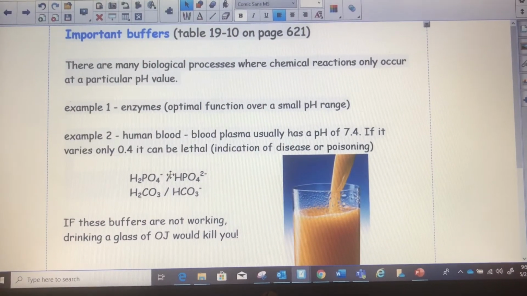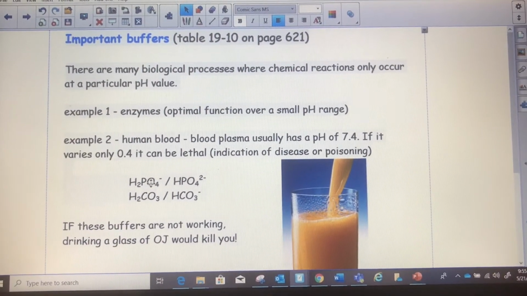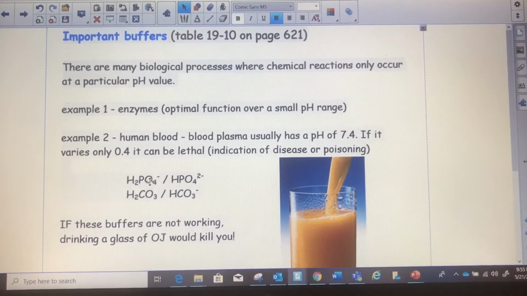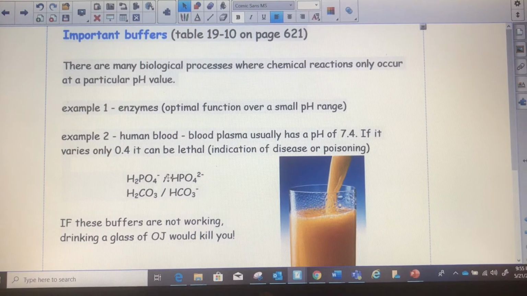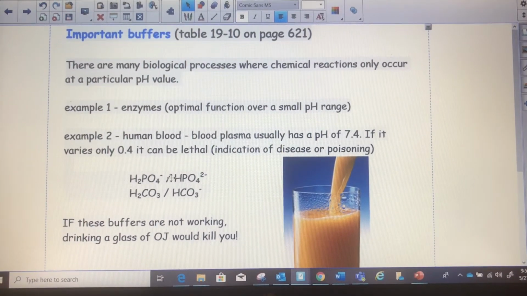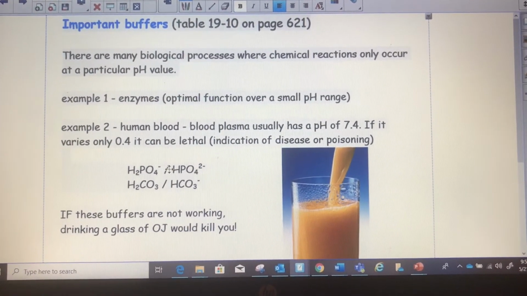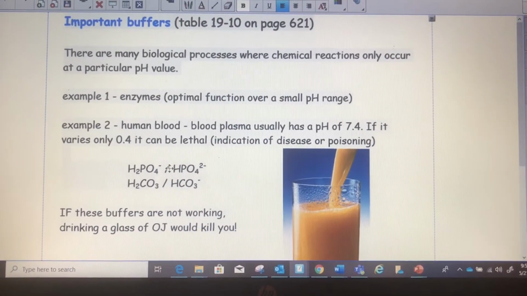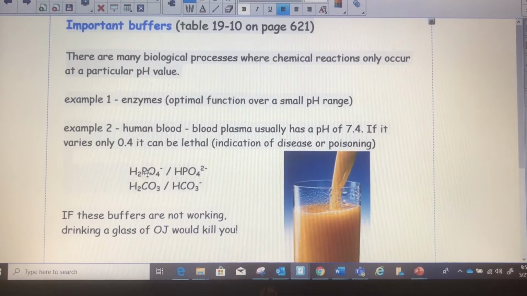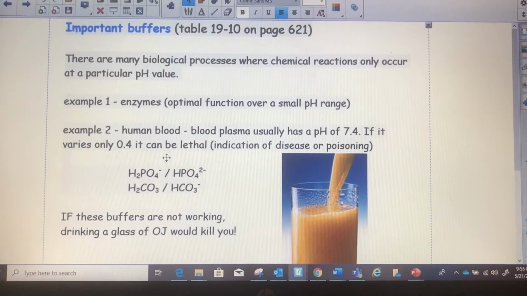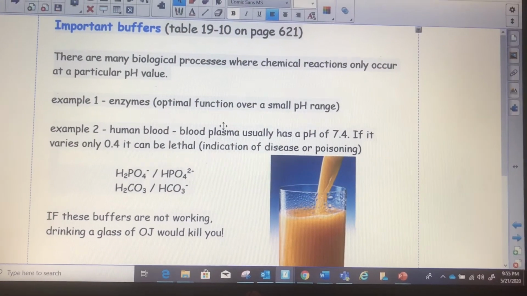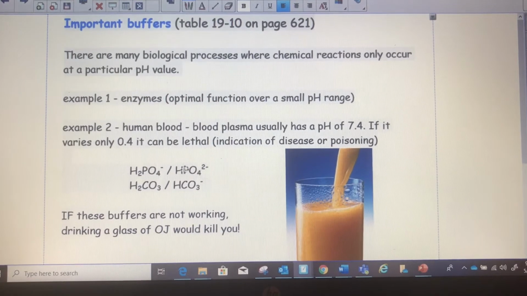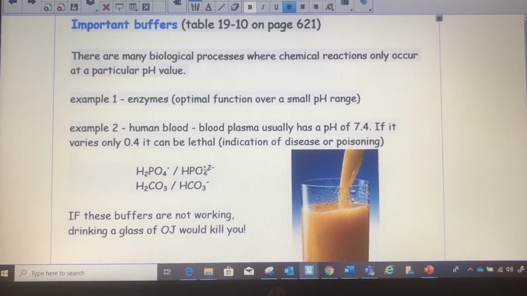If you add an acid to this solution, this buffer will maintain the pH for a very long time at relatively high concentrations of acid being added until it hits what's called its buffer capacity. And then once that happens, the pH will drop. If you continue to add more acid and more acid and the pH eventually drops, the buffer has hit its capacity, it means the conjugate base has all been used up.